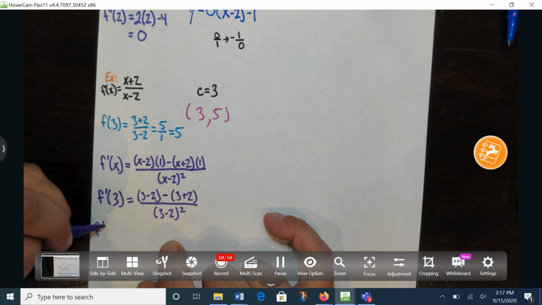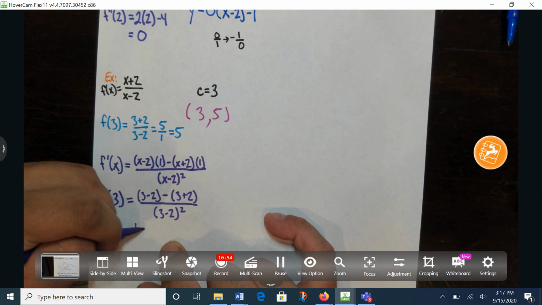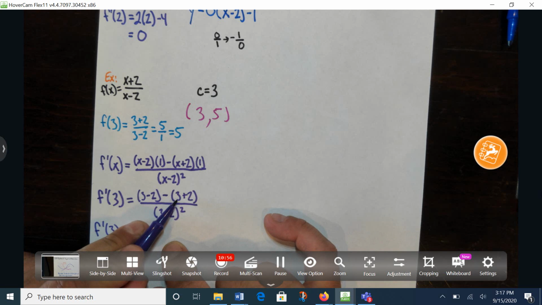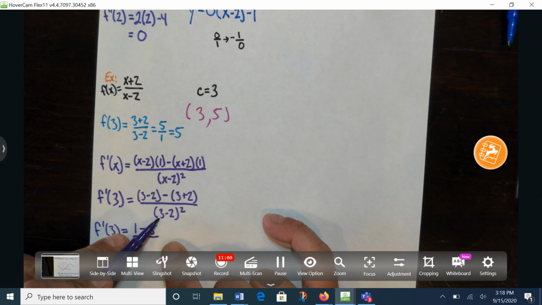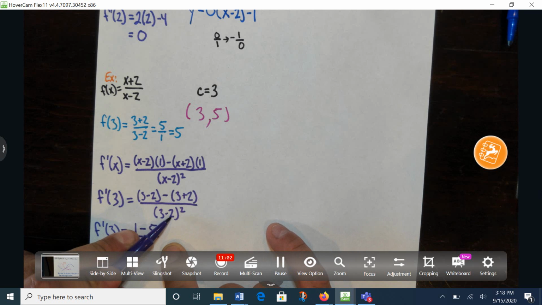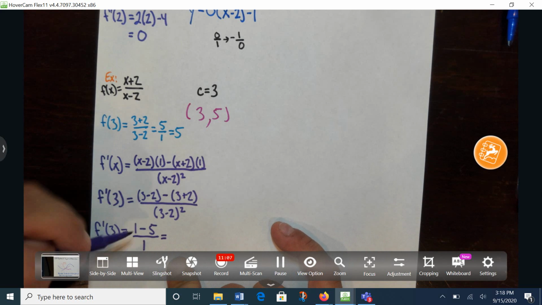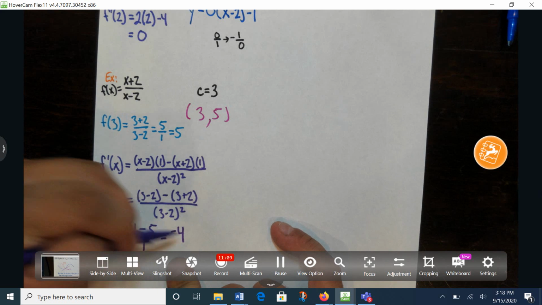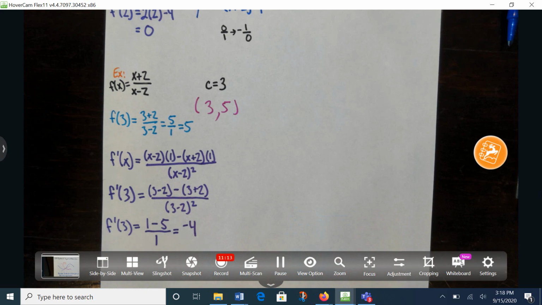So continue to simplify. 3 minus 2 is 1. Minus, 3 plus 2 is 5, so 1 minus 5, over 3 minus 2 is 1, 1 squared is just 1. So 1 minus 5 is negative 4 over 1, which is just negative 4. So our slope here is negative 4.